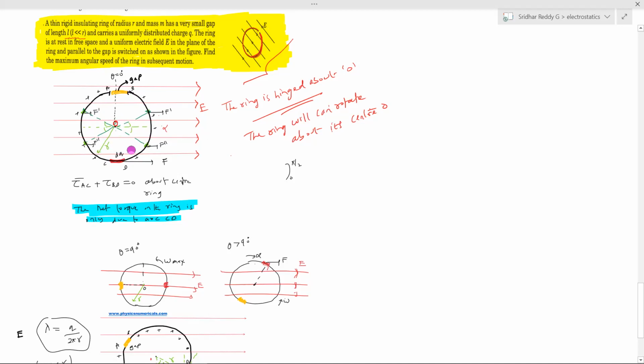So all the torque will be only due to the length of the ring equal to the gap. So AB should be equal to CD. The net torque on the ring is only due to arc CD. And what is the length of arc CD? Equal to the length of the gap.